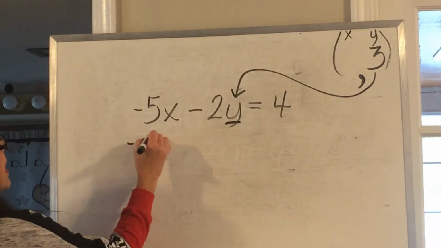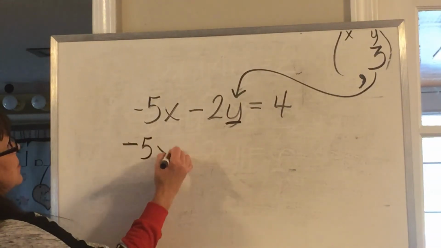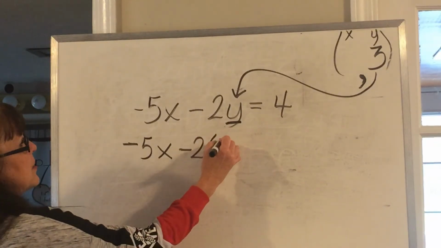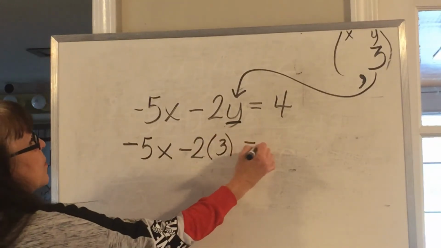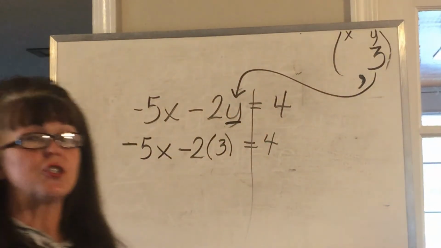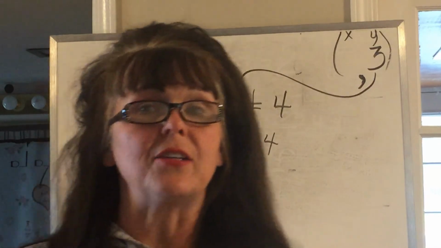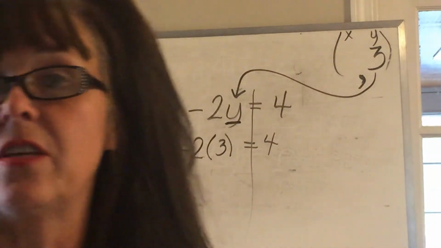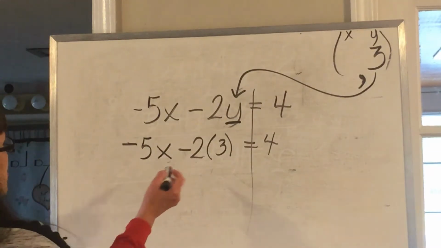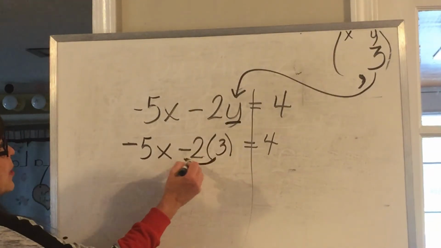Okay, so negative 5x minus 2 times parentheses 3 equals 4. Now, what are you going to do? You're going to solve that equation for x now. Why for x? Because that's the only variable you have that's left in the problem. So, you know, multiply numbers.